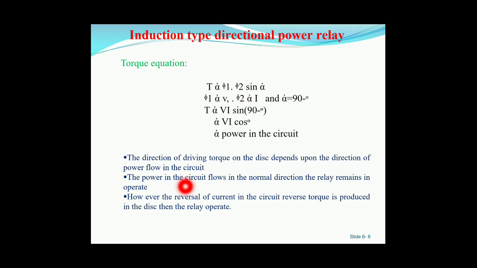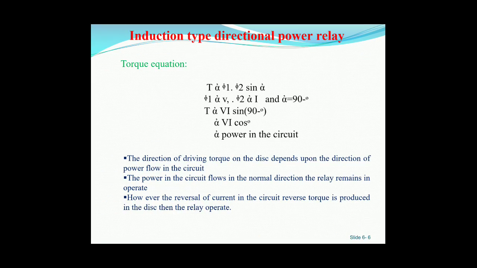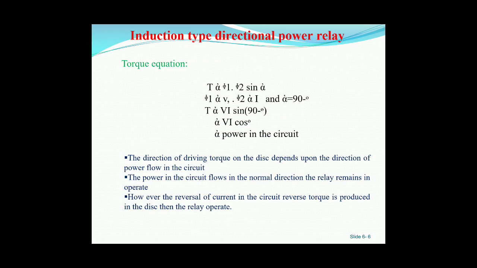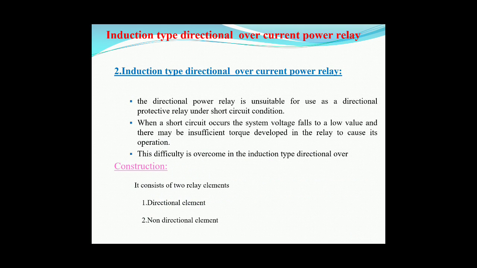Under normal operating conditions, the relay does not operate. However, reversal of the current in the circuit reverses the torque produced in the disc. Only under the reverse direction of torque production will the relay operate.